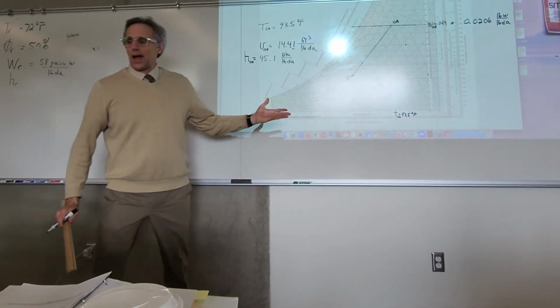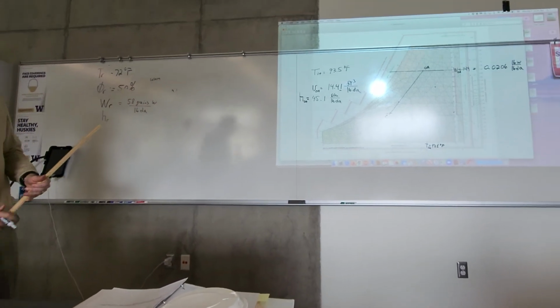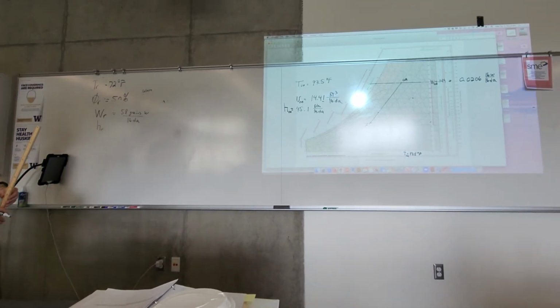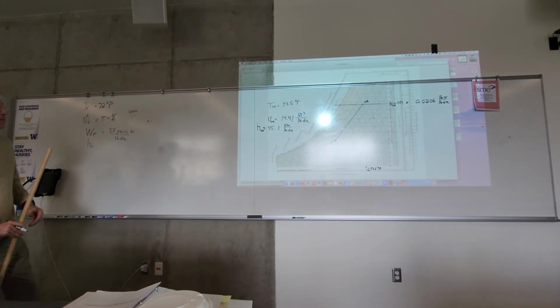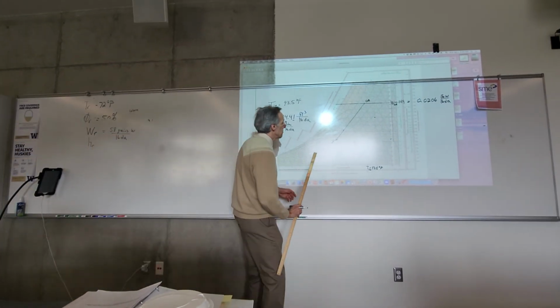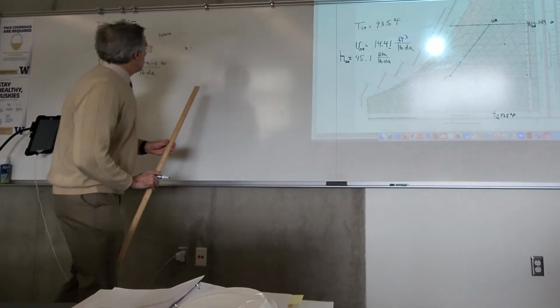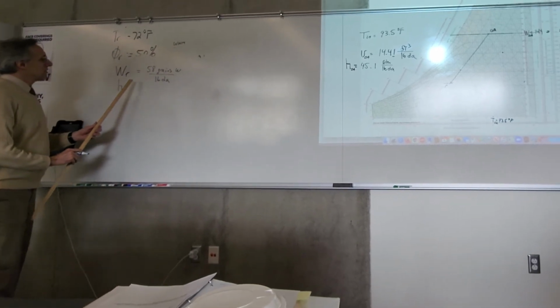I could probably do this more accurately if I was on paper, but with a marker and the whiteboard, I'm sacrificing a little accuracy here. So that W looks like about 58 grains.